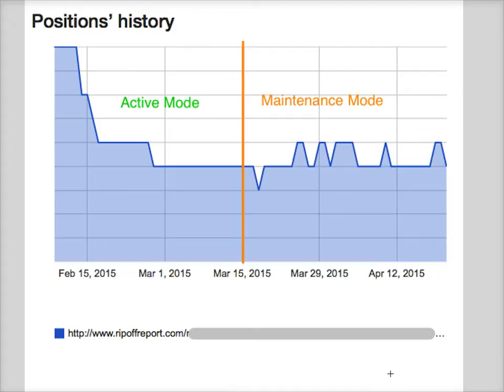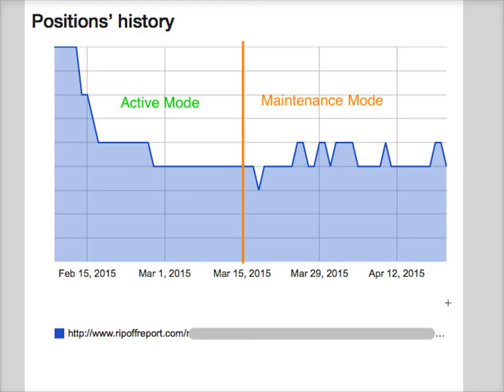Both of those things can happen, and that's because we are at Google's mercy when Google changes something in its algorithm. So if a maintenance mode case that's in position, say, 13 on page 2 on average were to spike back up to, say, position 8, we would at that point have to convert back to active mode in order to start pushing it back down again because of whatever Google did.